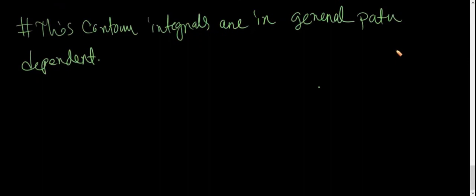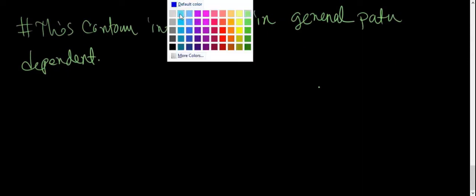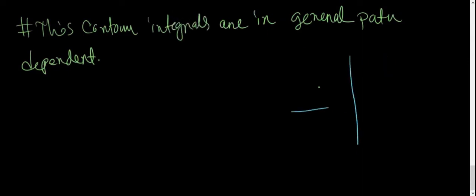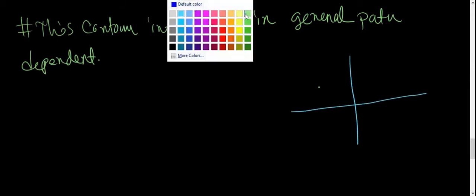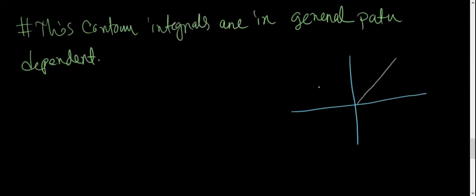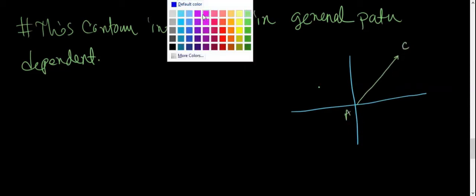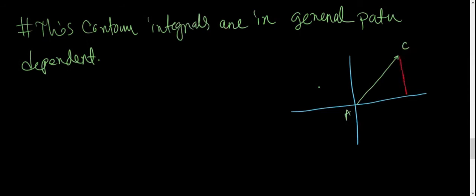So again, let me draw this whole thing again. This is A, this is C, and these red lines were the first contour that we used for the evaluation of this integral.